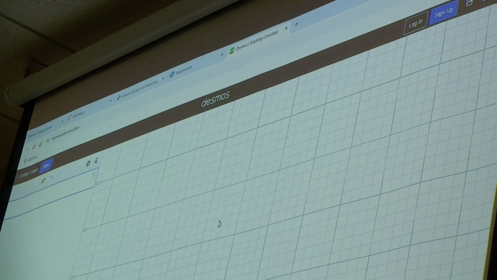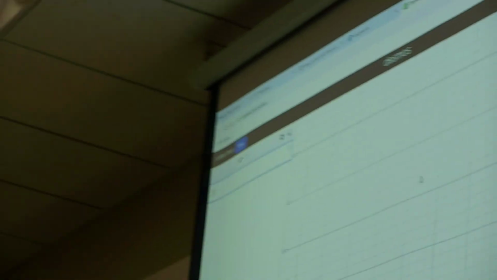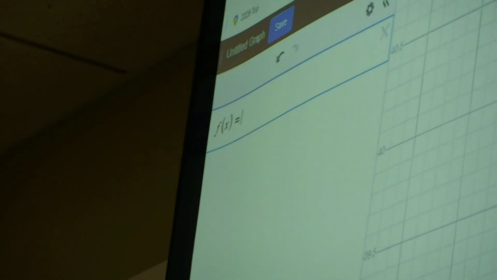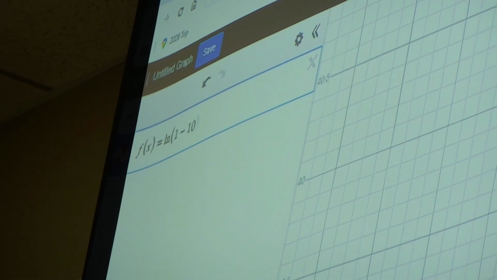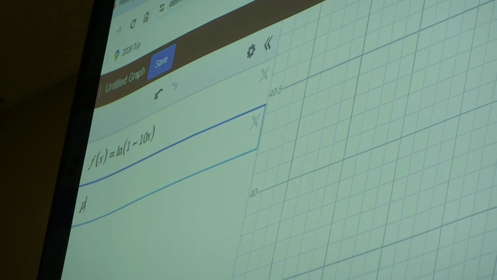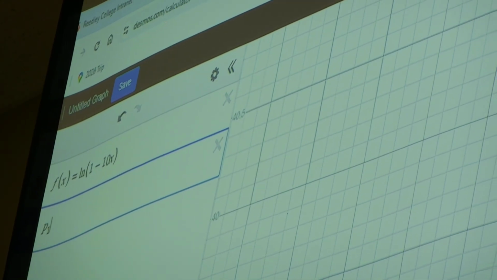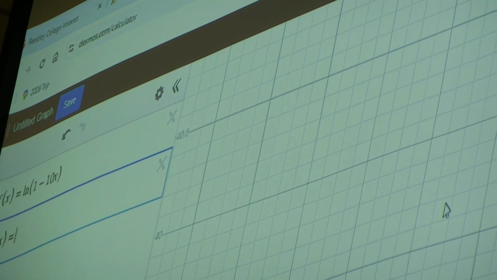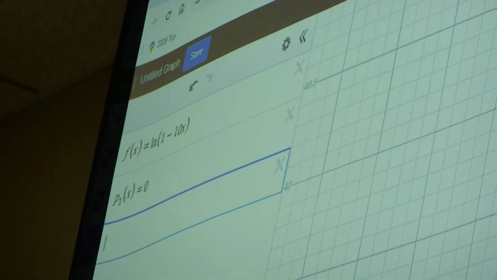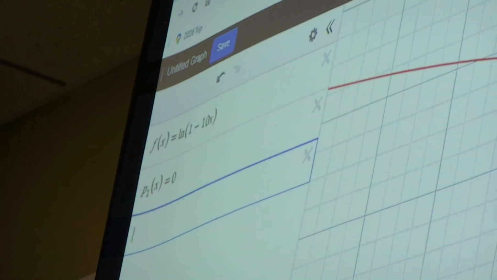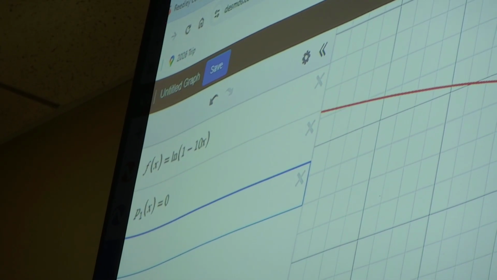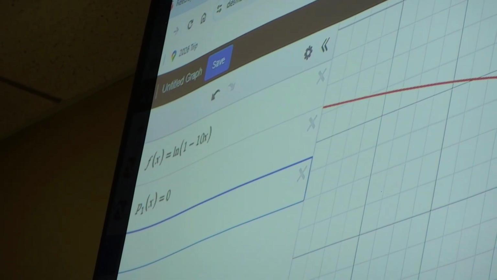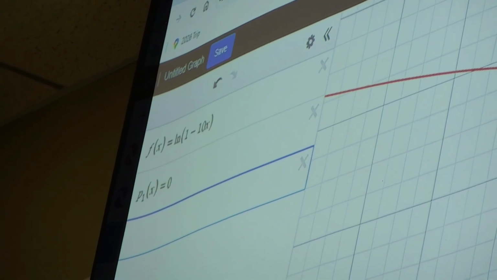Our original function is ln of 1 minus 10x. P0 of x is 0. Let's go over here so we can see it. That doesn't look good. Oh, negative 10x.